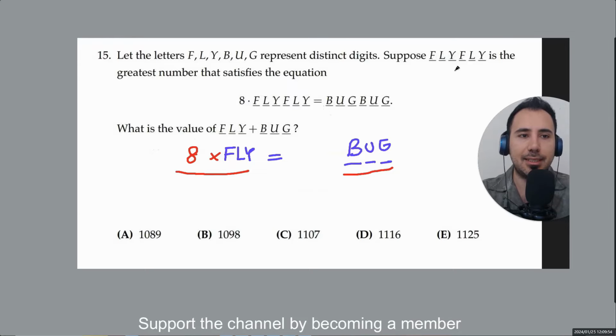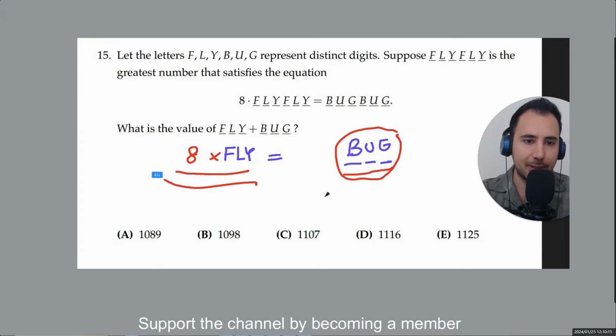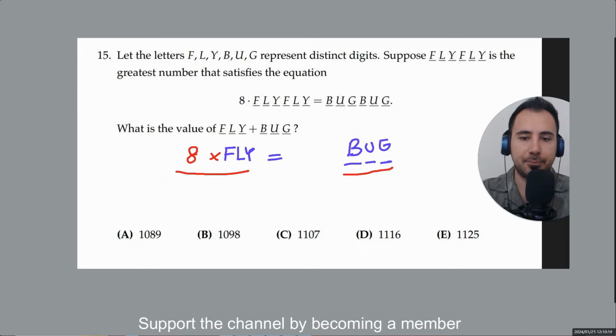And the question is asking us, what is the greatest number that satisfies this equation? So to find the greatest number, I would focus on this part. Let's find the greatest 3-digit number that is divisible by 8. We multiply this by 8, so this is divisible by 8. So let's go and find it.